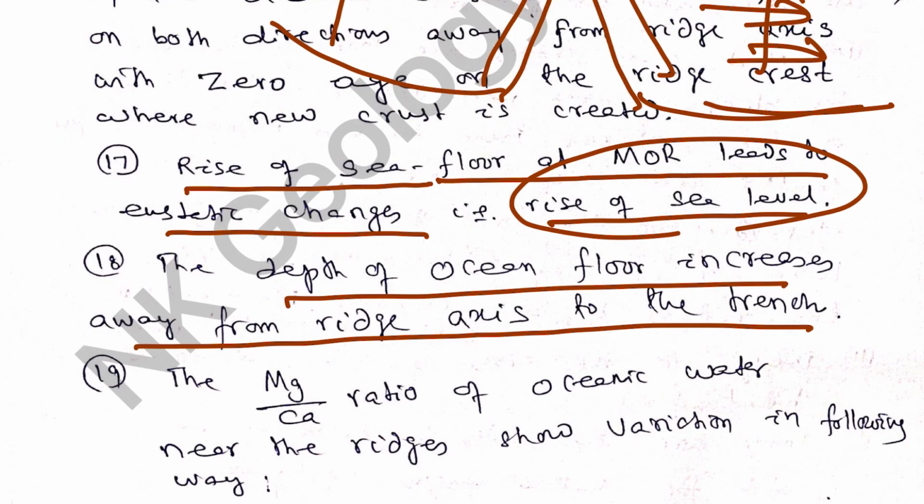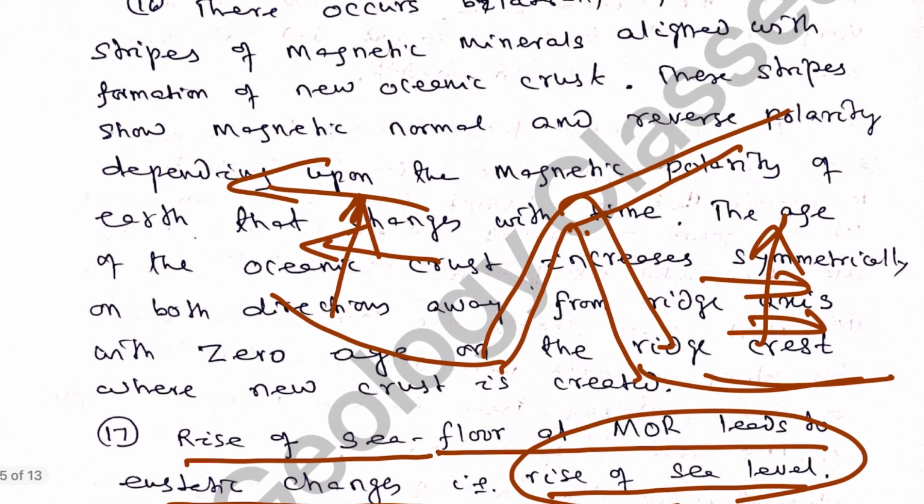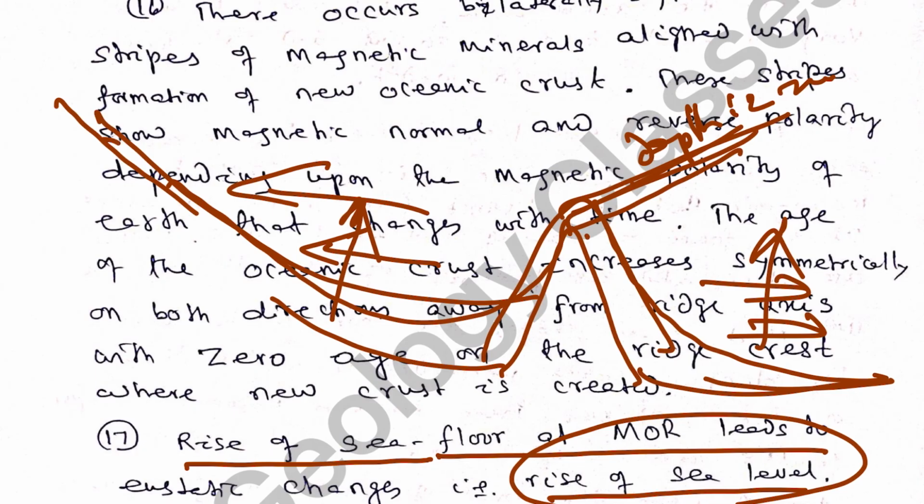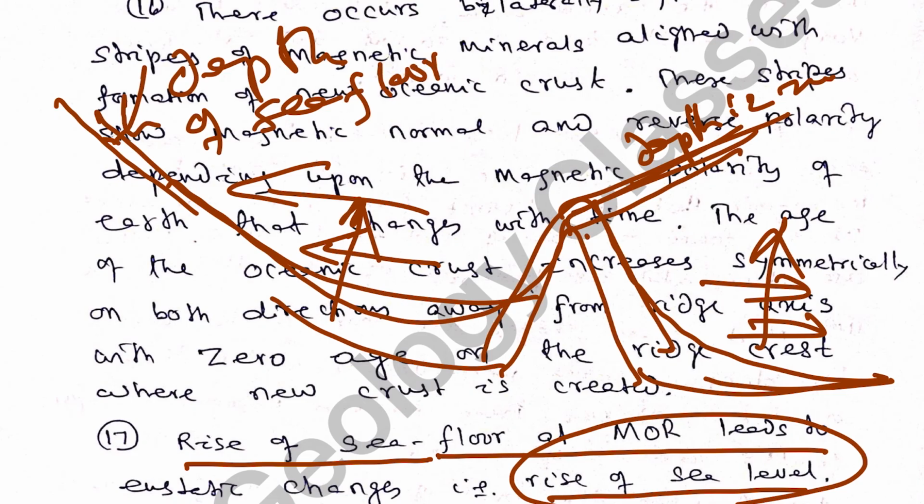So ocean floor depth is negligible at the ridge crest, so here the depth is 0. Depth of the sea floor is 0, and gradually as you go away from the ridge on both sides, the depth increases from the ocean surface.